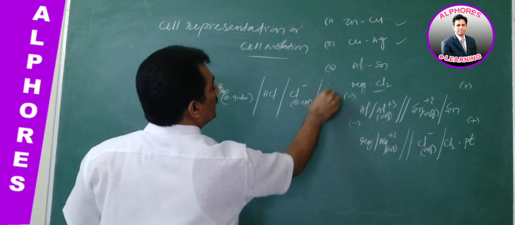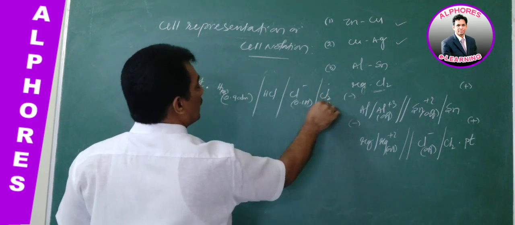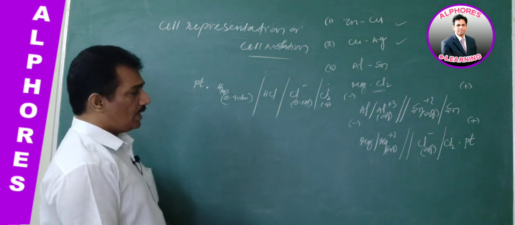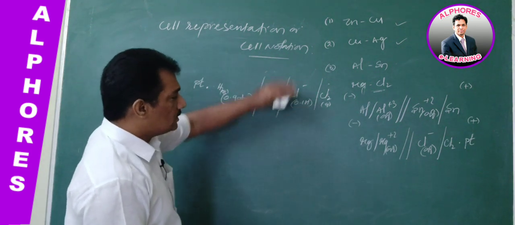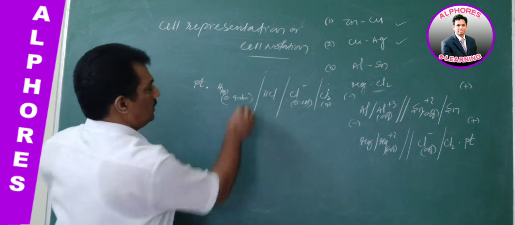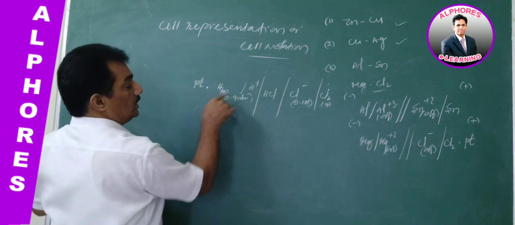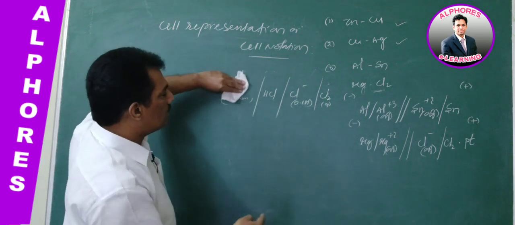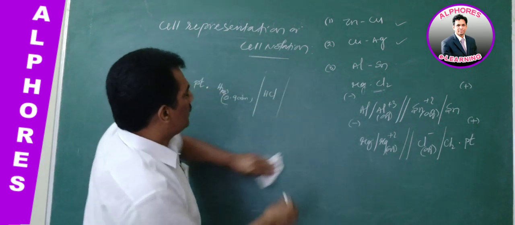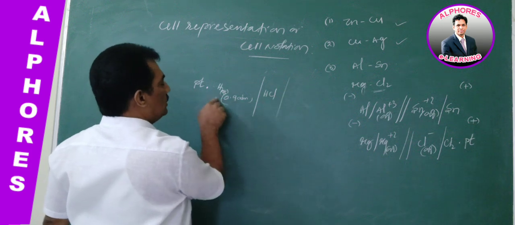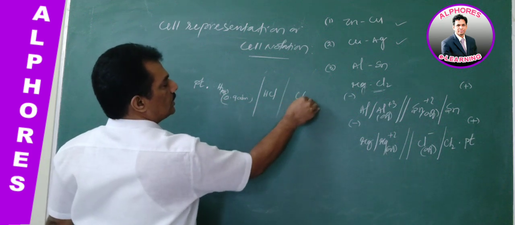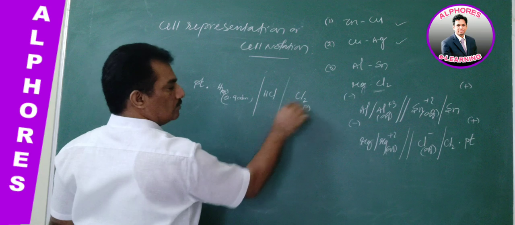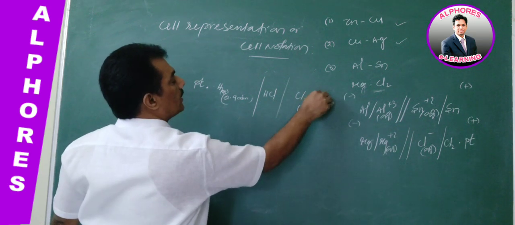Now it is in contact with the Cl2 gas. Here you can write it, but this Cl minus and this H plus, when these two are from the same electrolyte, we need not write these two. Simply we can represent this as H2 at this pressure and Cl2 at a particular pressure, and platinum.